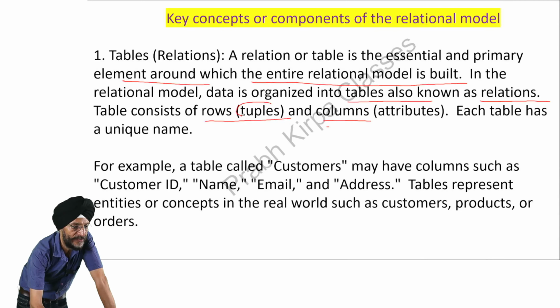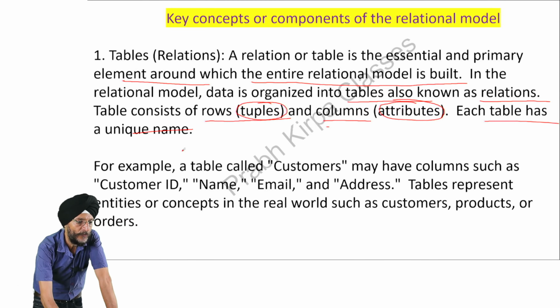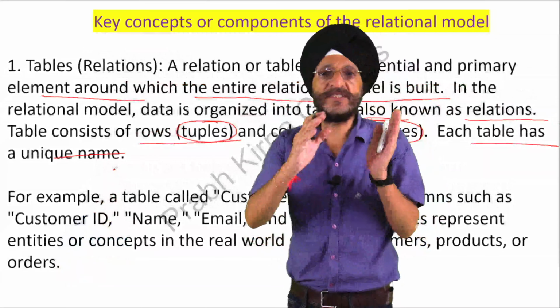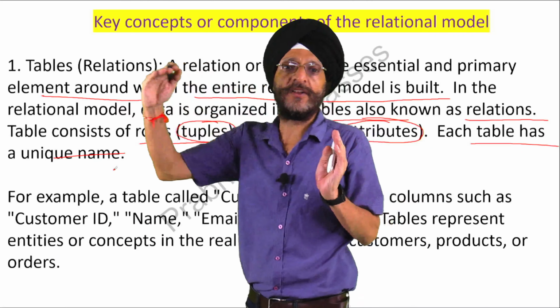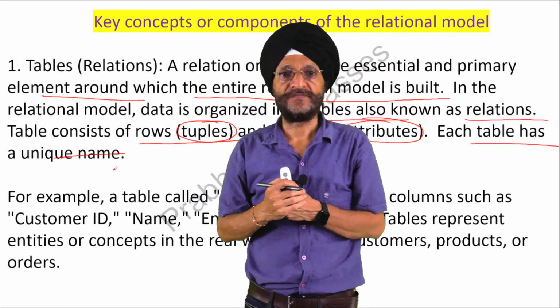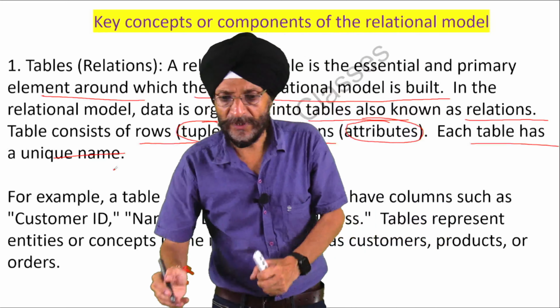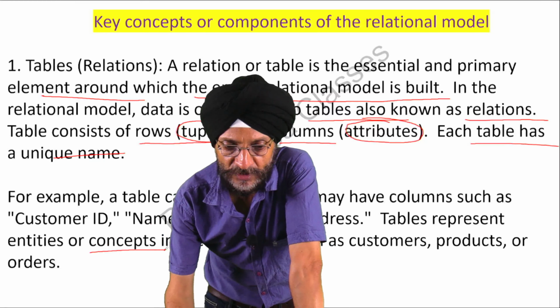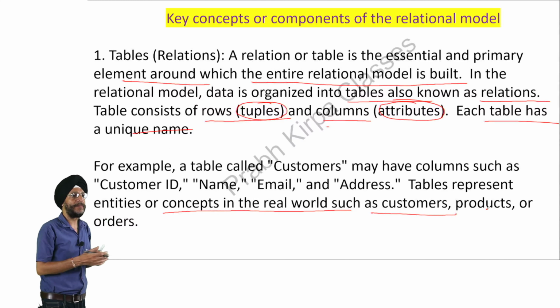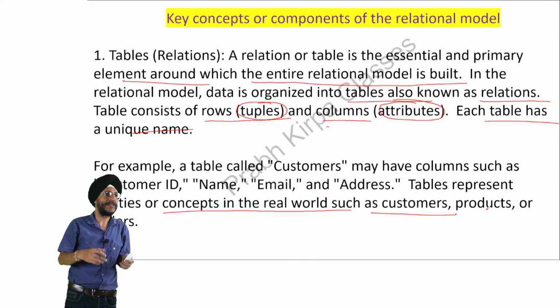Rows are also known as tuples and columns are also known as attributes. Each table has a unique name. For example, we may have a customers table, and the customers table may have different columns such as customer ID, name, email ID, address. Tables represent entities or concepts in the real world, such as customers table, products table, employees table, orders table, etc.